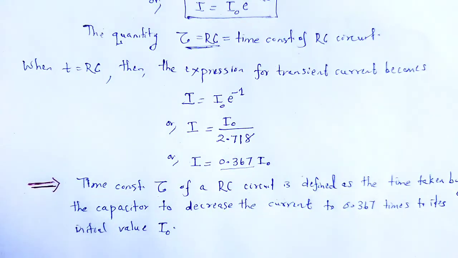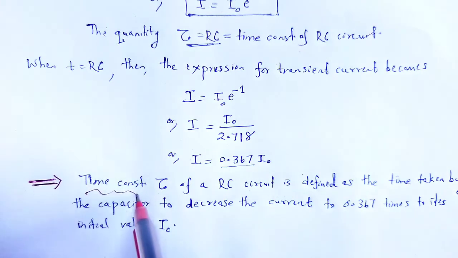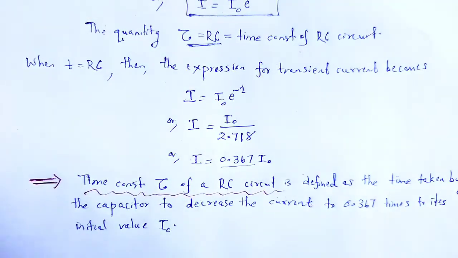In this way we define the time constant tau of an RC circuit.